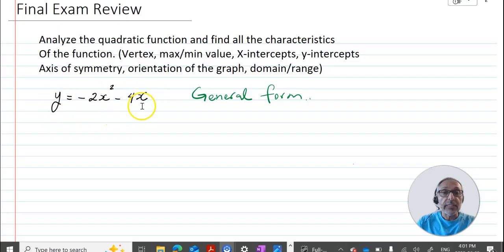So first, notice that this is the general form. You have to change the general form to a vertex form or standard form, and then once we have that, we can extrapolate all the important information about the function, and we're going to list them one at a time.